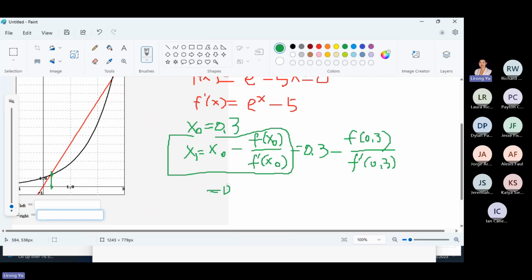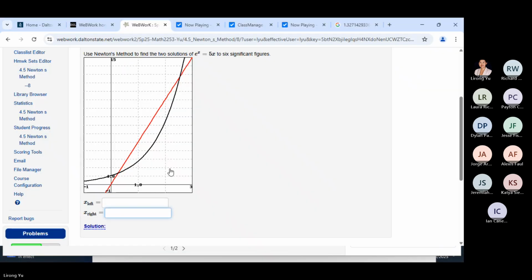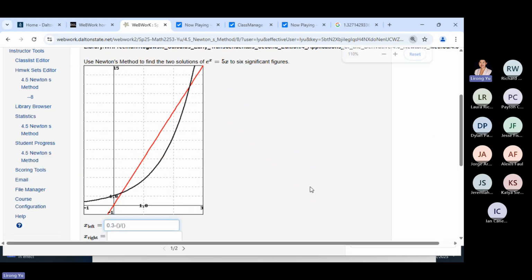Okay, so this calculation is this. We do 0.3 minus the numerator, e to the 0.3 minus 5 times 0.3. I'm not doing the long decimal, I'm just putting the calculation here. The denominator is going to be e to the 0.3 minus 5. So that will be the actual calculation. And then we can choose to use the whiteboard as our calculator instead of going to Google.